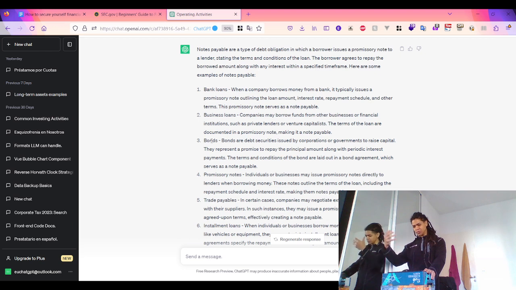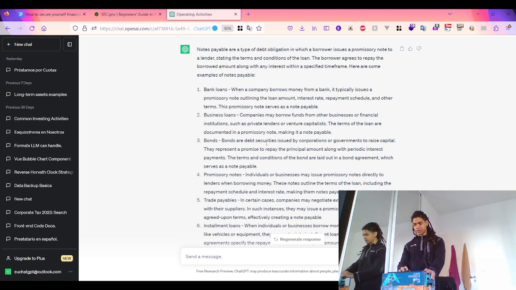This is also when a company goes to a financial institution, such as private lenders or venture capital, they create this note payable. Bonds are debt securities.